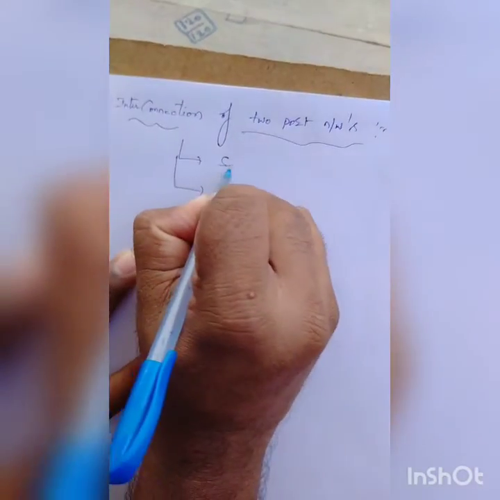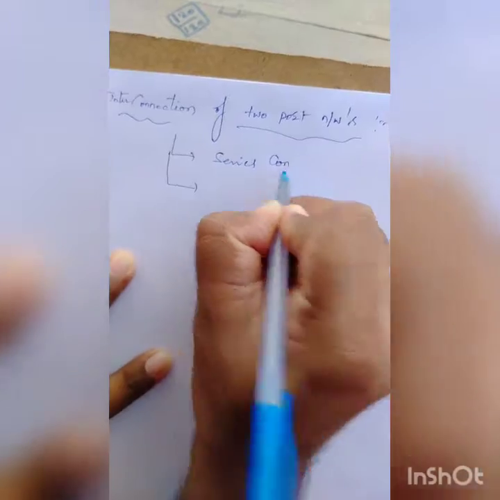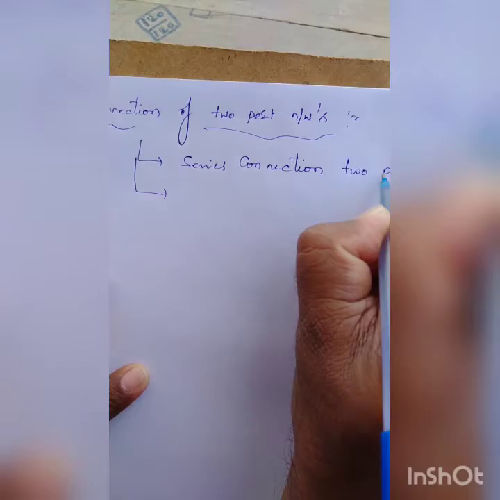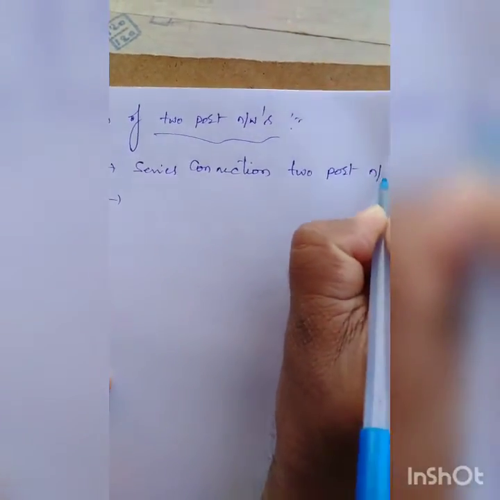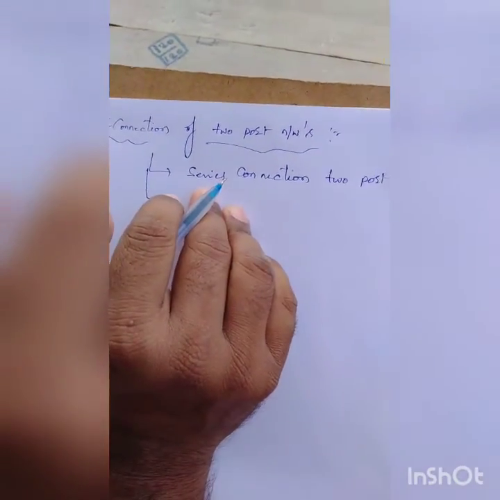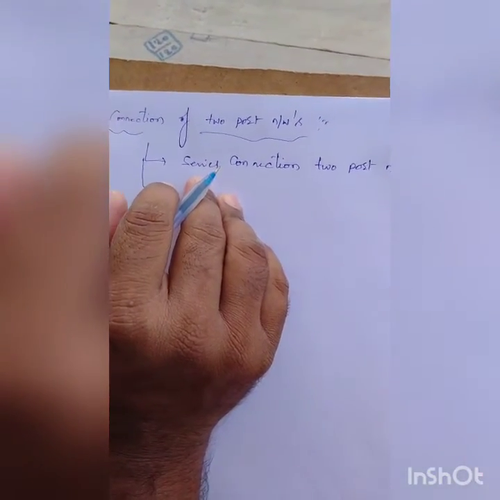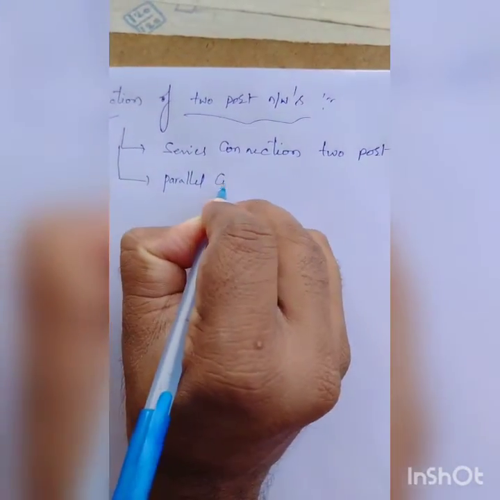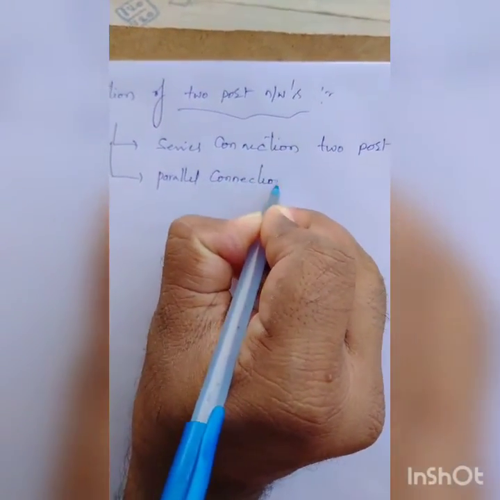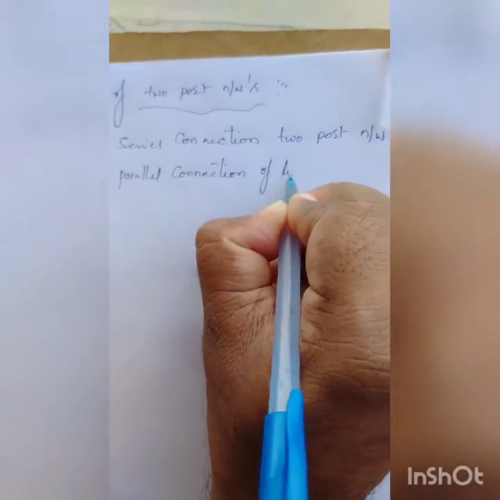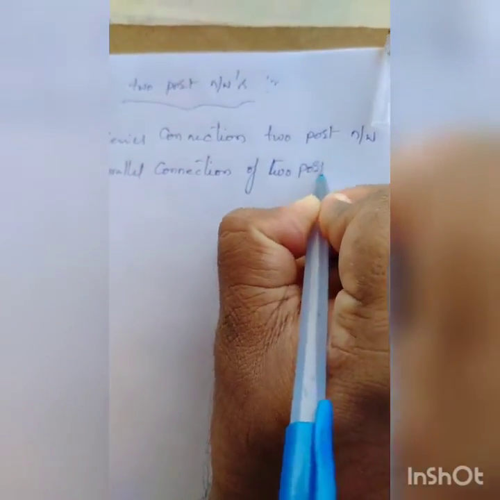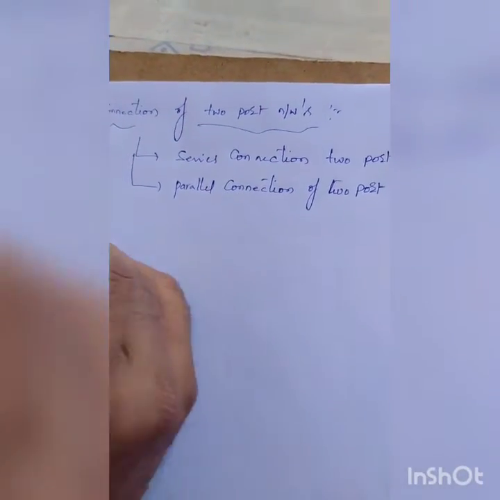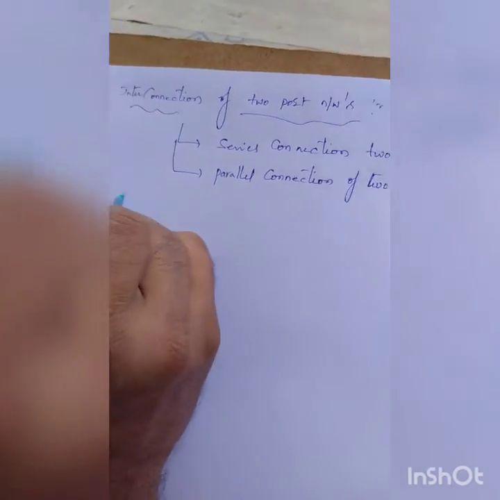One is series connection of two port networks, and the second one is parallel connection of two port networks. Now we have to discuss the first one, series connection of two port networks.